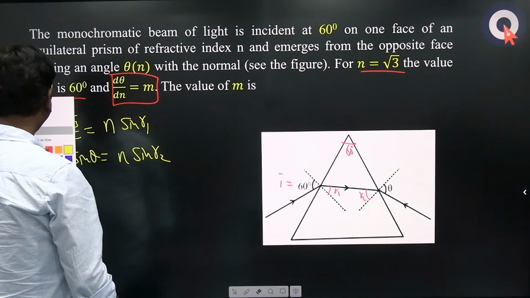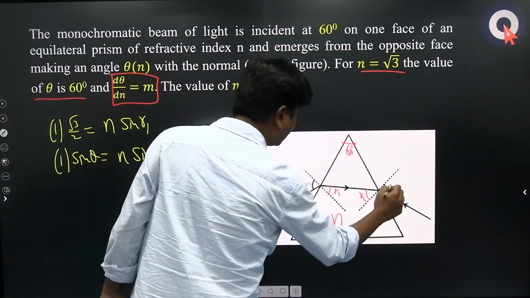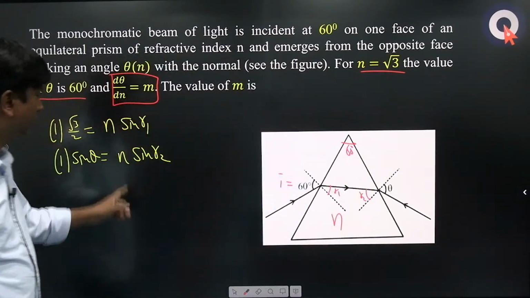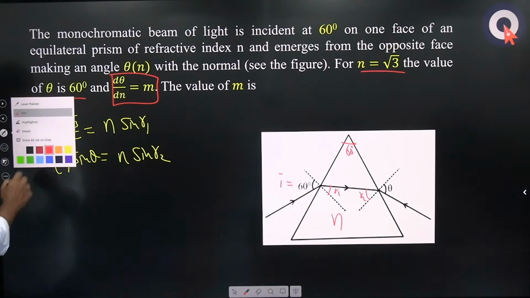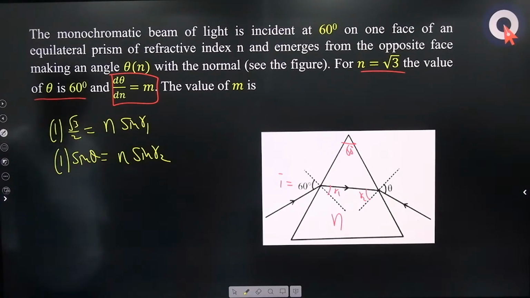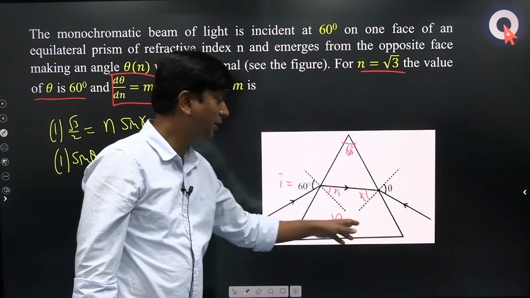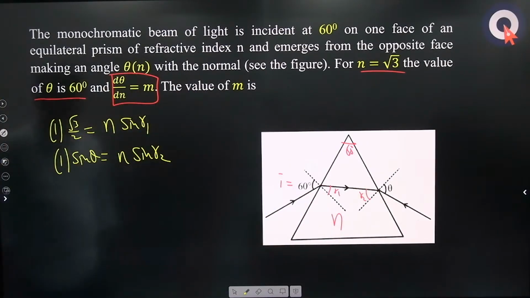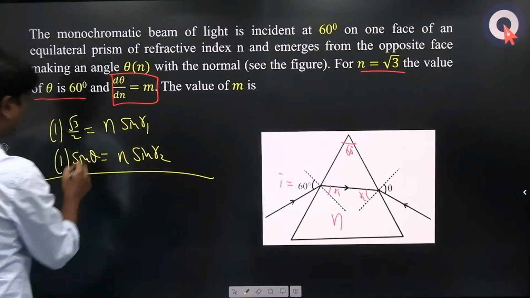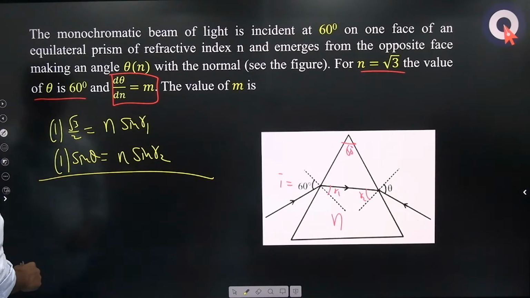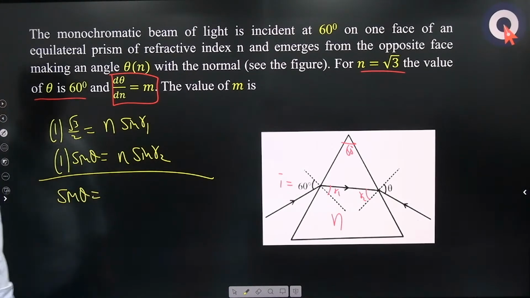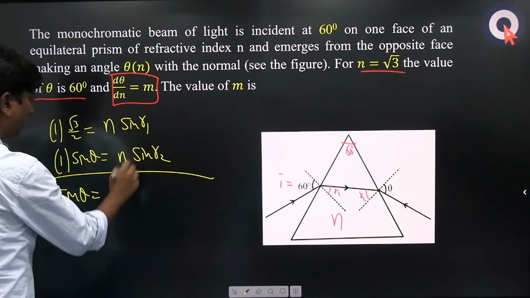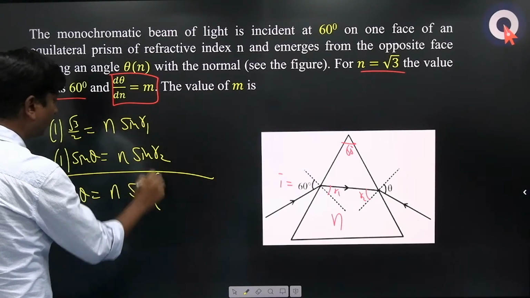So just put it in here. This is theta, right? So clear Snell's law, and already you know the relation between R1 and R2. Finally, the target is getting the value of theta in terms of n. That's it, right? Sin theta is equal to n into sin of R2.